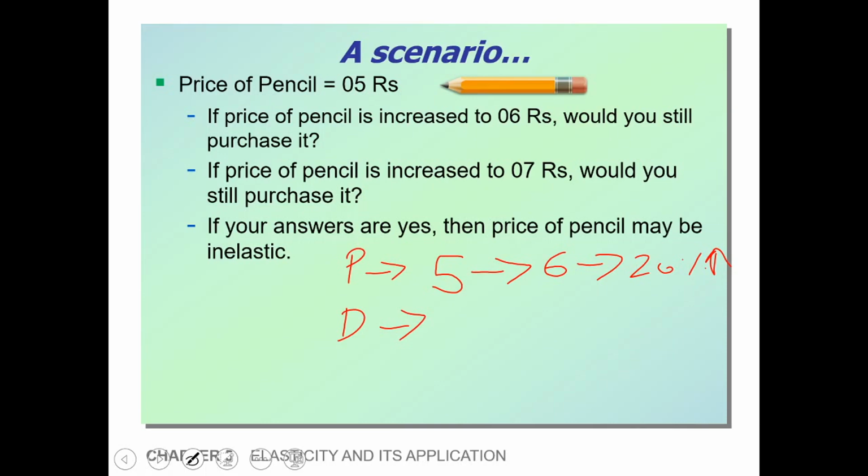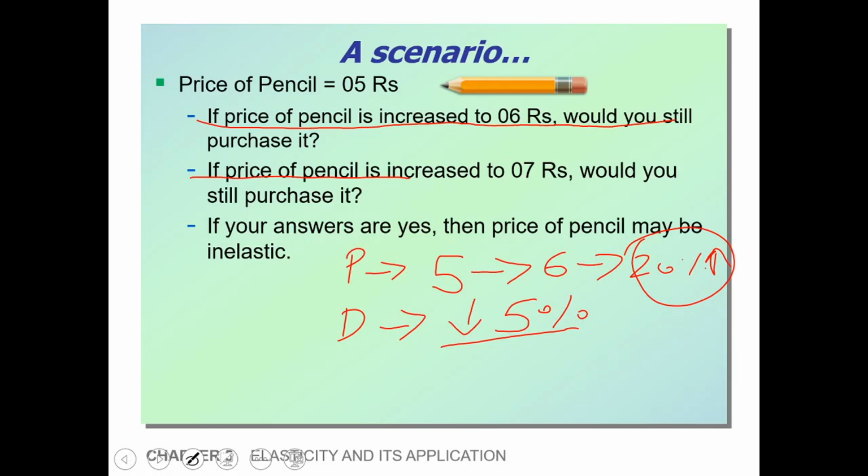If most of the people will still purchase the pencil for 6 rupees, then the demand decrease would not reach 20%, but would be 5% or maybe 10%. So here we are talking about percentages. In this case, the demand of pencil would be inelastic if the price is changed from 5 to 6.